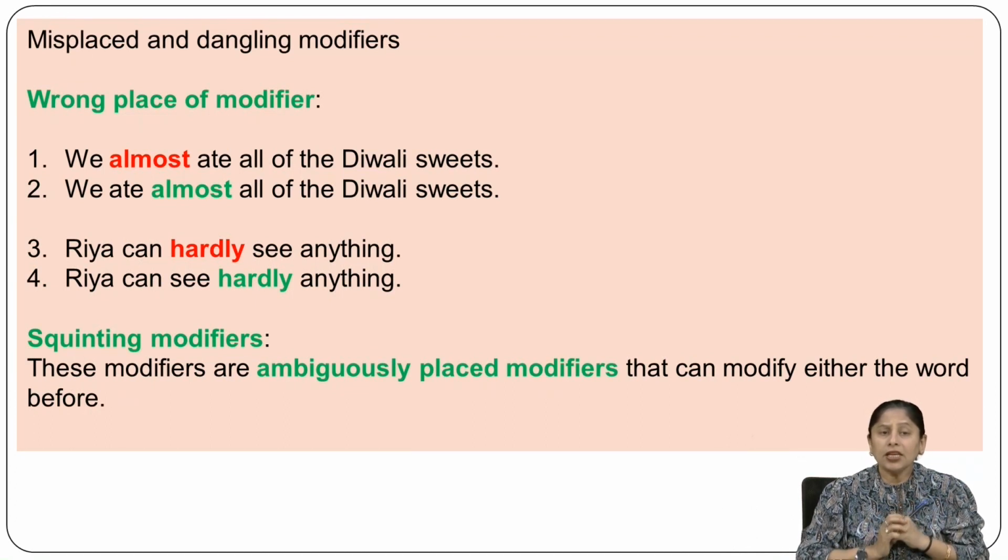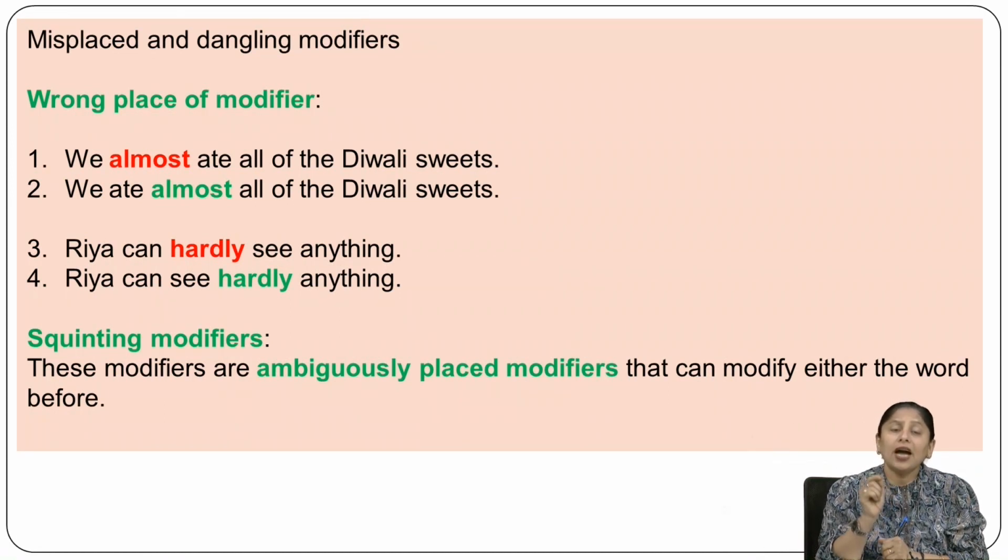So here almost is the modifier. It is the particular word that comes either after or before the verb, and as it is coming after or before the verb, that's why it is known as an adverbial modifier. In the last session we learned the adjectival modifier, noun modifier, and verb modifier, which is known as an adverbial modifier.